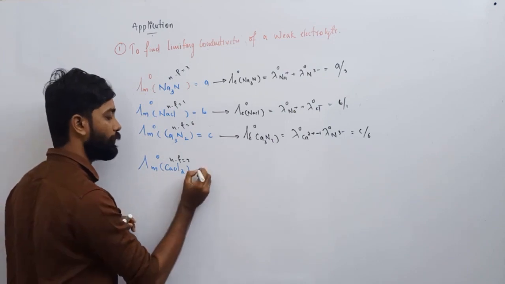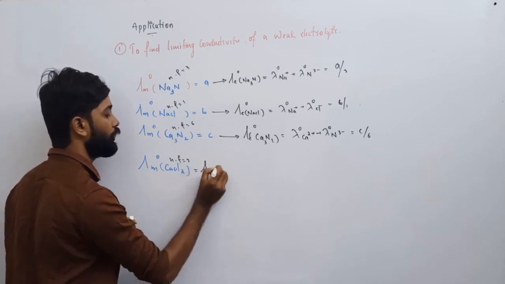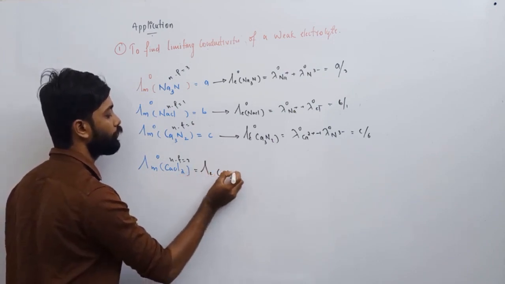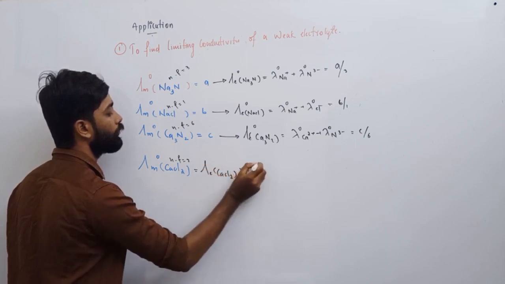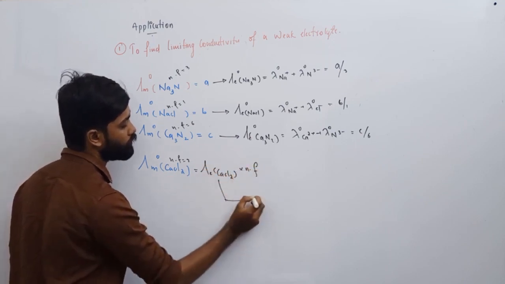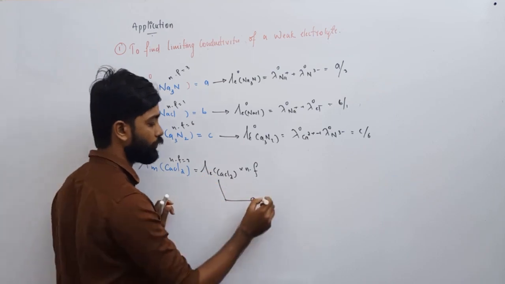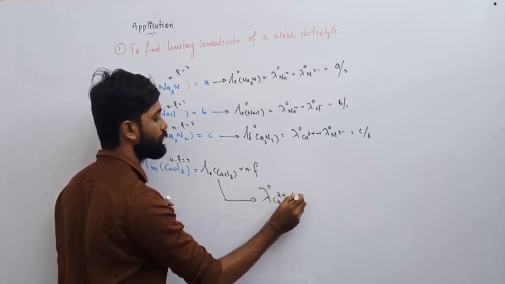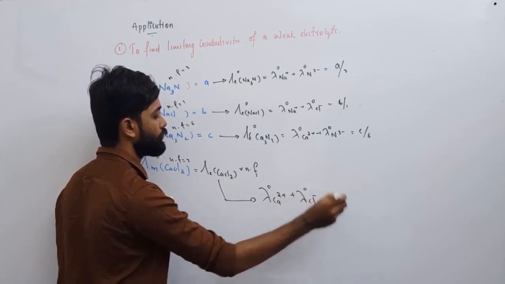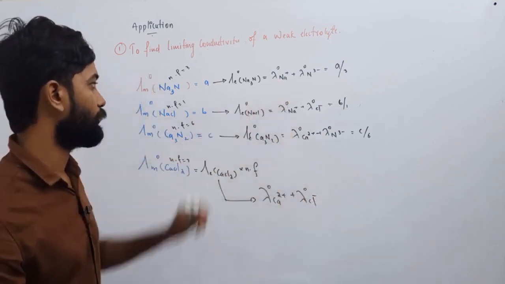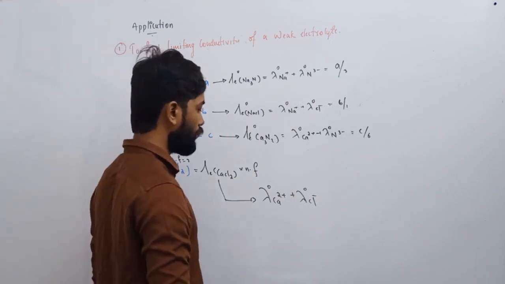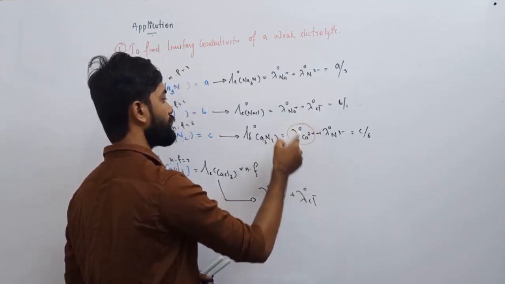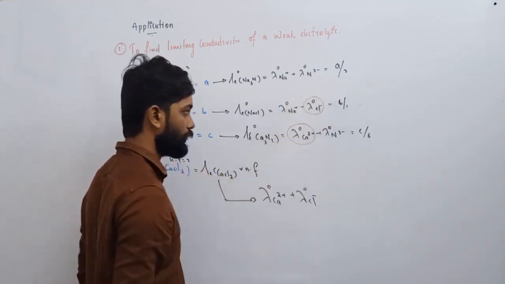And we know that lambda M0 of CaCl2 is equal to lambda 0 of CaCl2 into the n factor. So first you find the lambda 0 of CaCl2. Lambda 0 of CaCl2 means lambda 0 of Ca2+ plus lambda 0 of Cl-. That can be very easily found from this equation. Okay, ready? The required ions are Ca2+ and Cl-.